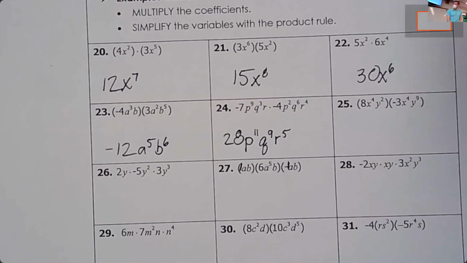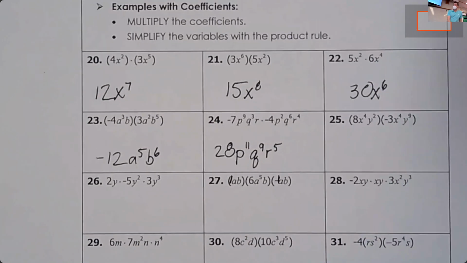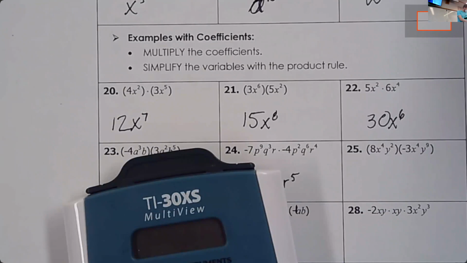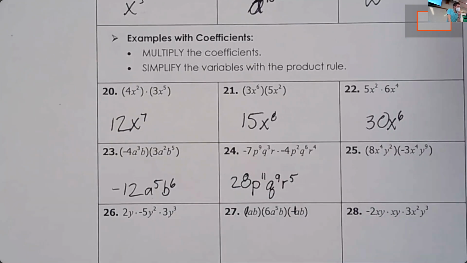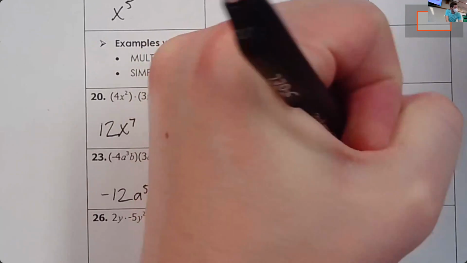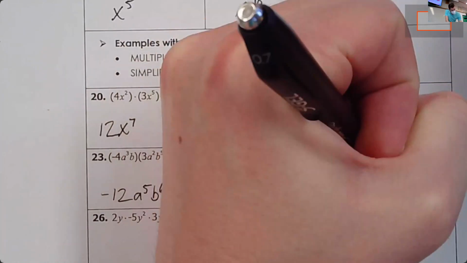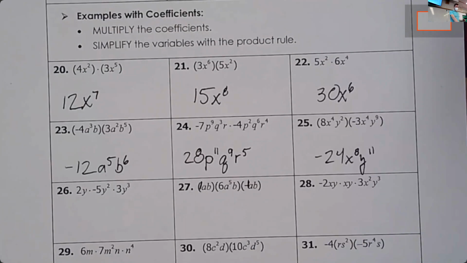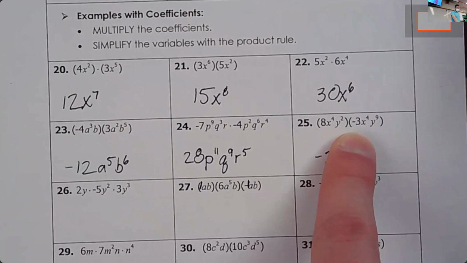Okay, so number 25. Let's find out who's going to help us out with number 25. That is going to be Sila. You have something for 25? Exactly. Nice. So for number 25, we've got -24 because 8 times -3 is -24.